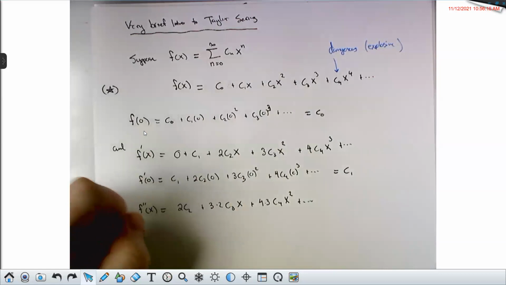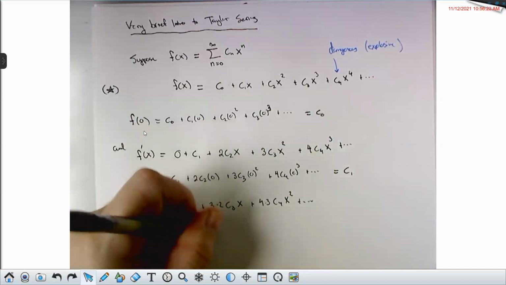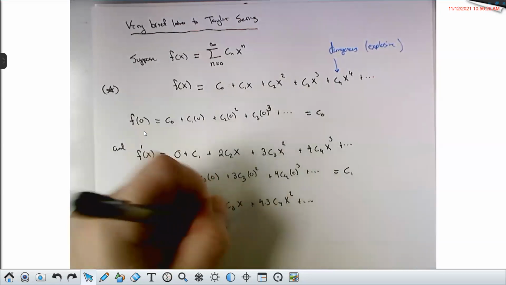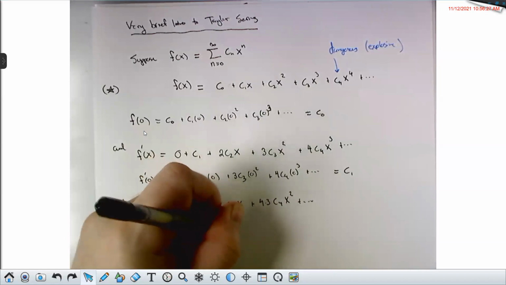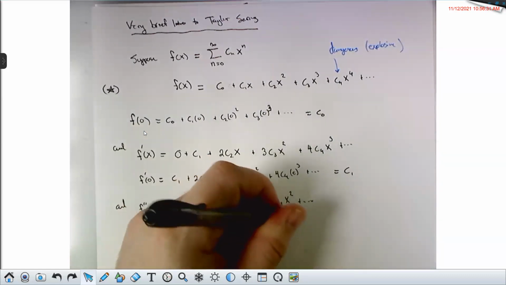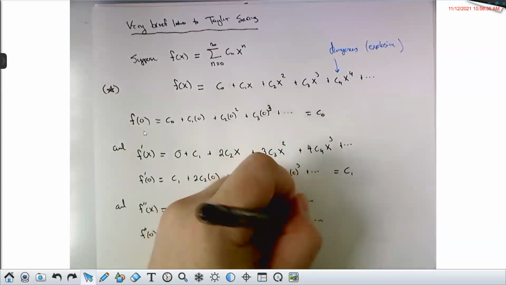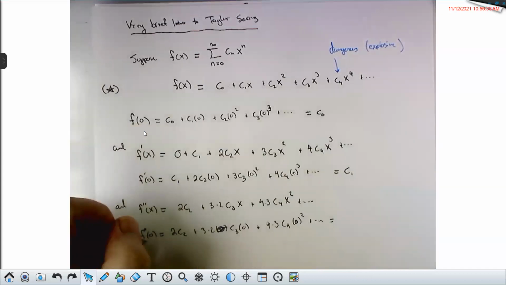Plugging in 0, you just get 2 c_2 plus 3 times 2 times c_3 times 0 plus 4 times 3 times c_4 times 0 squared. All of these and the later terms are 0. So you get 2 c_2.